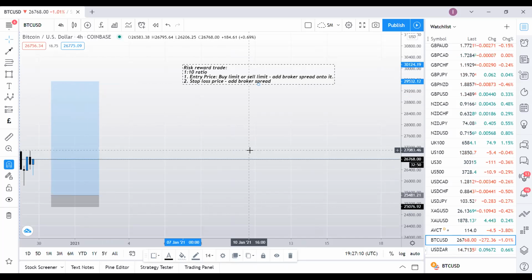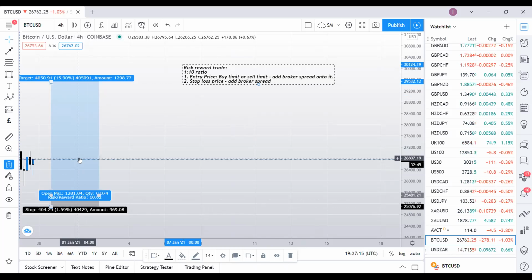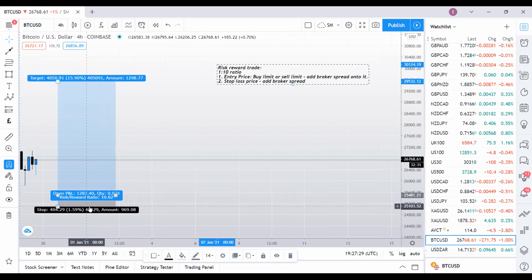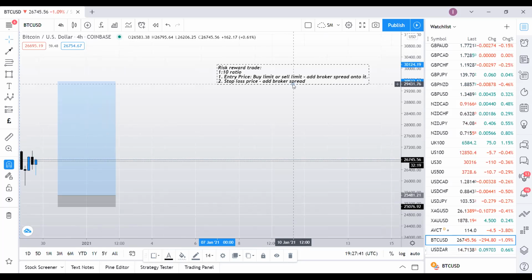Why would it be 14 and not 12? Because if you're in this trade, you bought it, but to get out of the trade, you're going to have to sell it. So when you sell it, your broker spread is going to add onto it. Does that make sense? That's why you need to add the broker spread. So any spread you've got, times it by 2. That's the best way to see it.